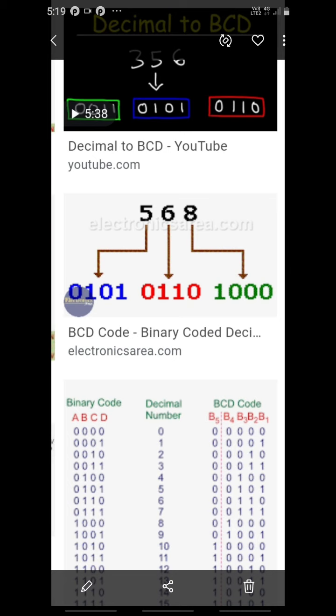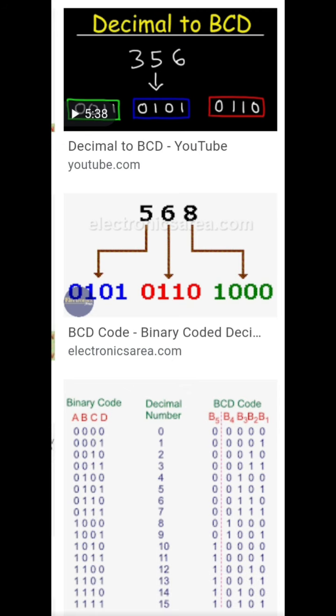A few examples for decimal to BCD form. 356 is the decimal number converted into BCD.